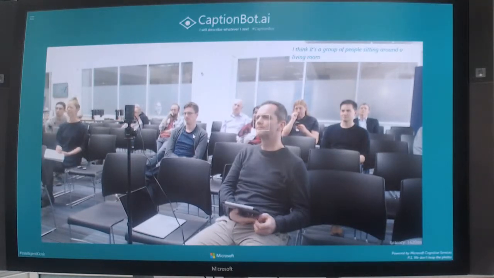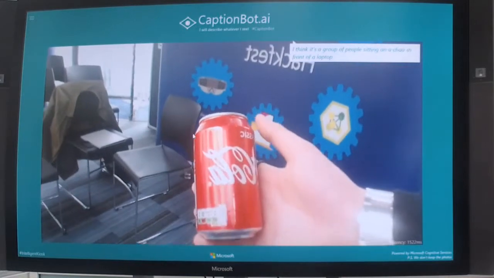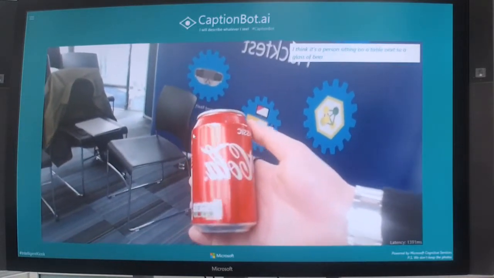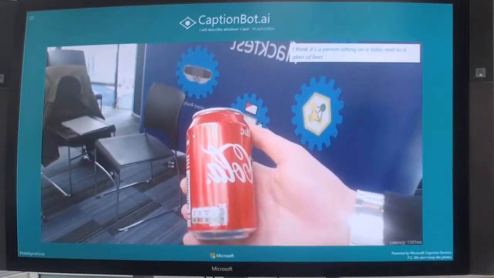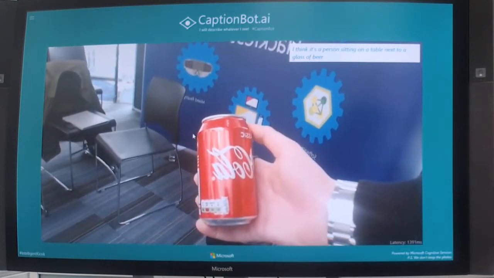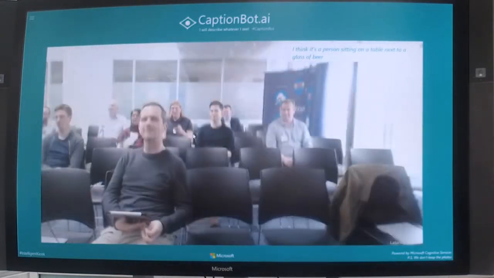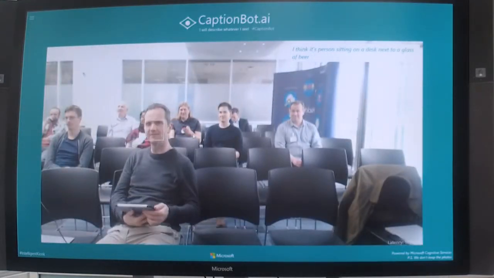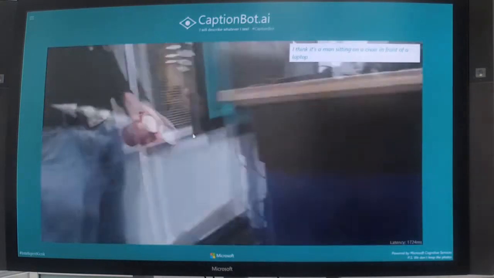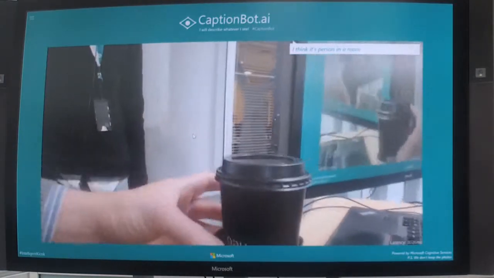But if we actually try and do it on something like this Coke can, oh yes, well, it thinks it's a glass of beer, but we can try it on the floor or something, because the background is also important, right?